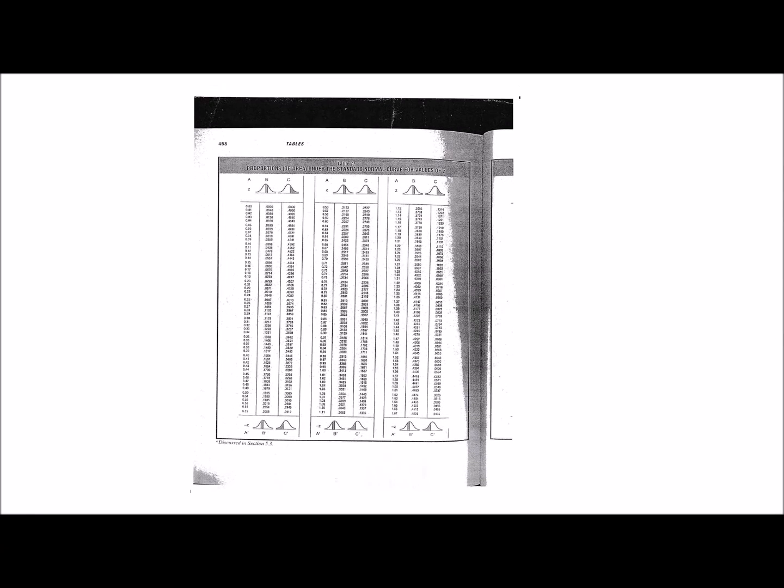Now, it won't be this exact page number. However, it will look just like this. You'll notice that each of these columns, we have one here, here, and here, are also divided into three columns.